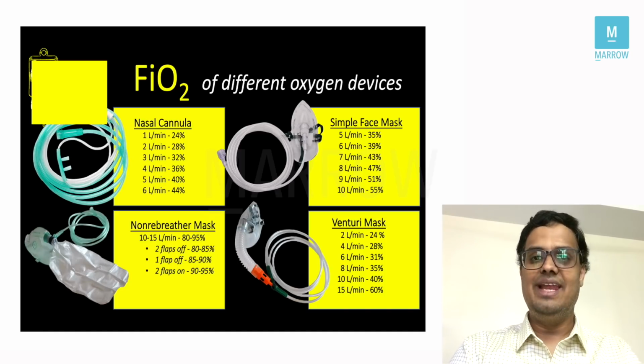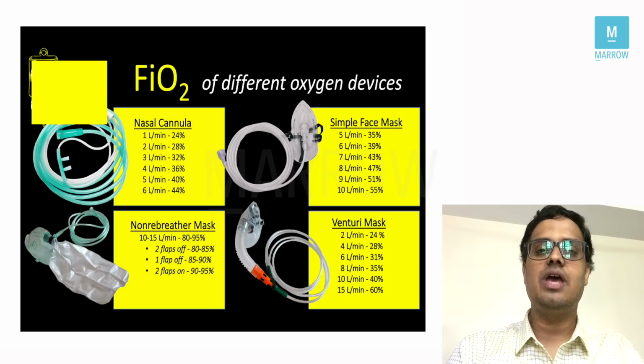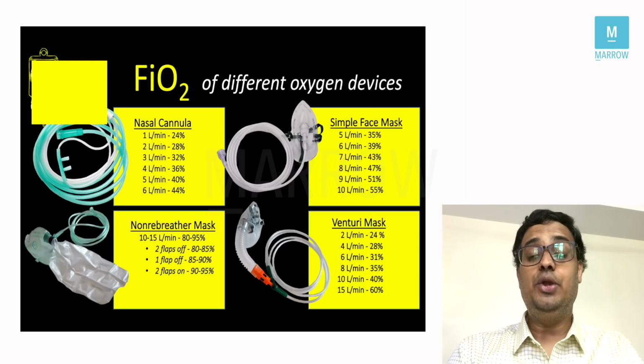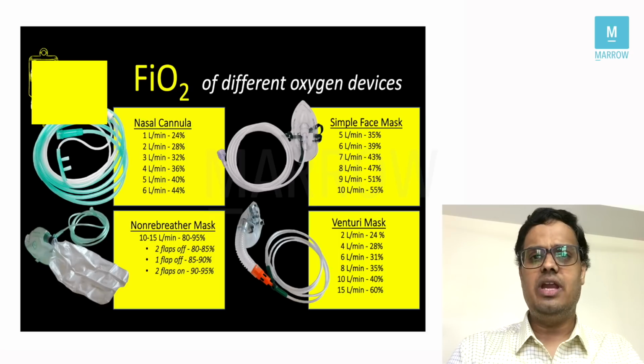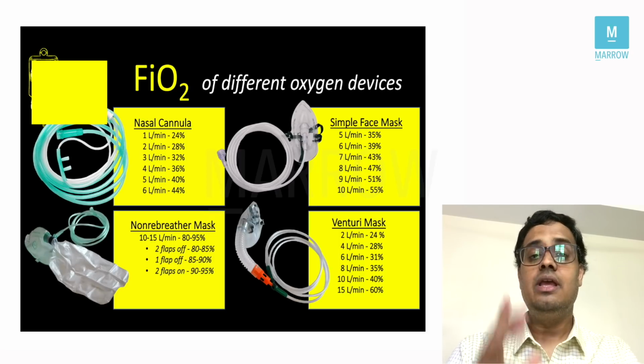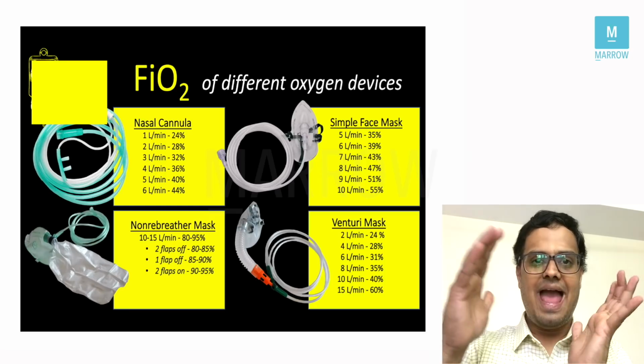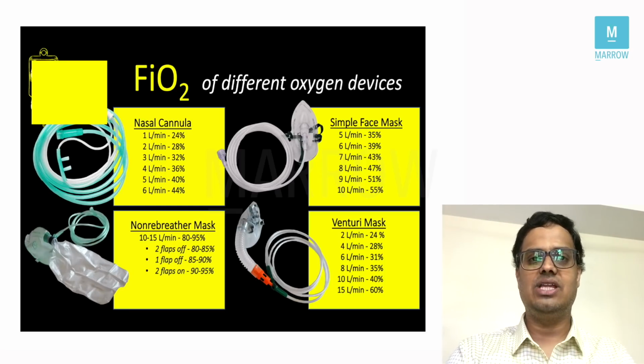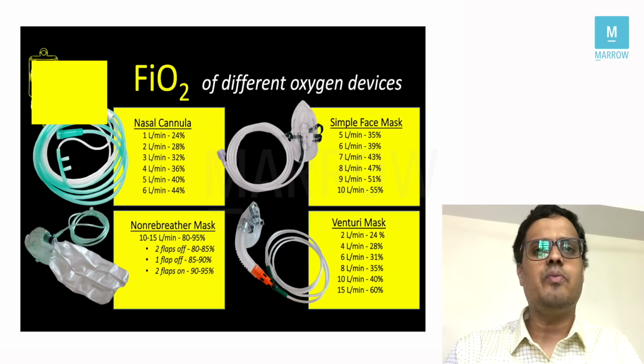So it will improve the saturation, or the FiO2, to around 80 to 90%. So the non-rebreathing mask is very, very important. Make sure that the reservoir bag is always inflated. If it is deflated, there is no point in it.